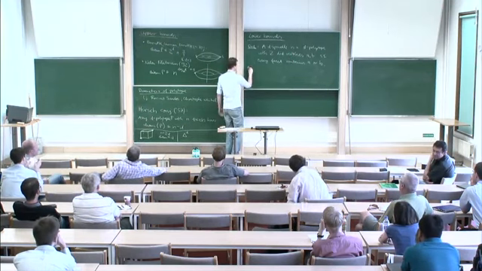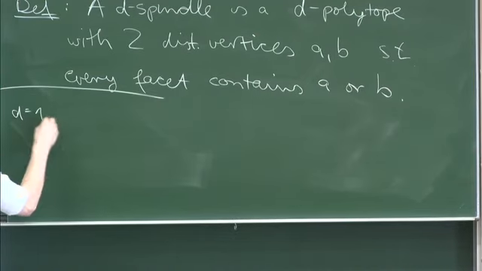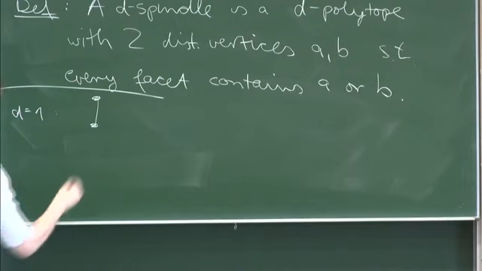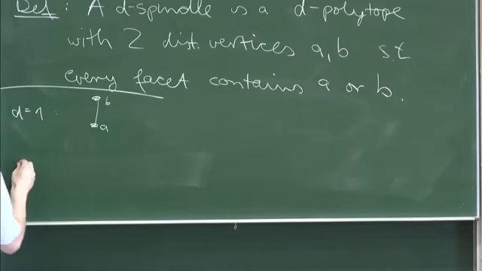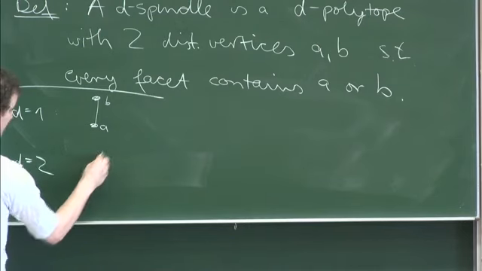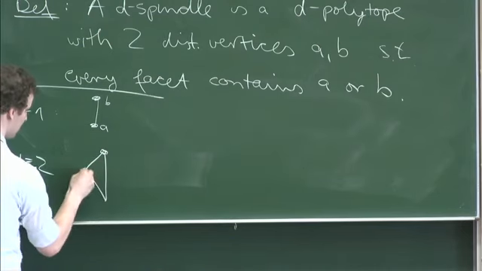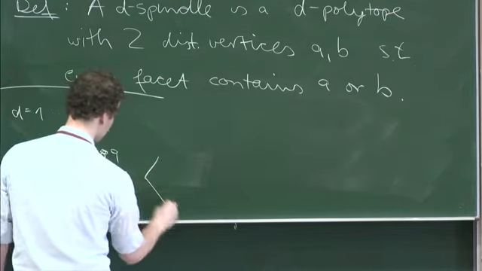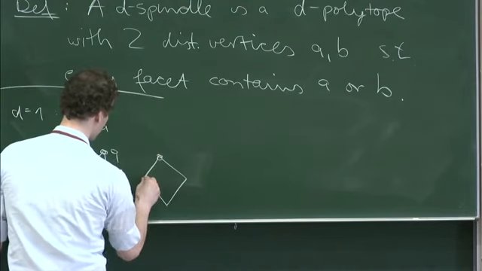Well, in dimension 1, we have only one polytope, and it's a spindle. Here, this is A, this is B. In dimension 2, there are two cases, a triangle, say A and B are these vertices, and a square.